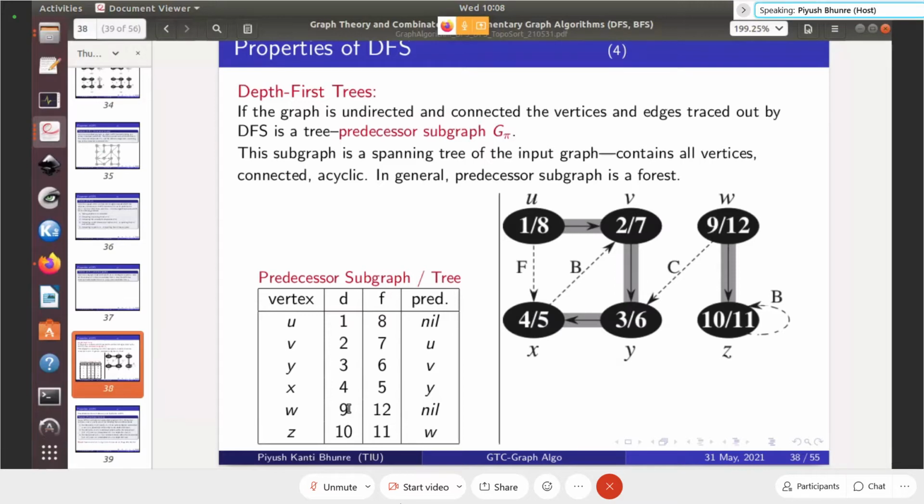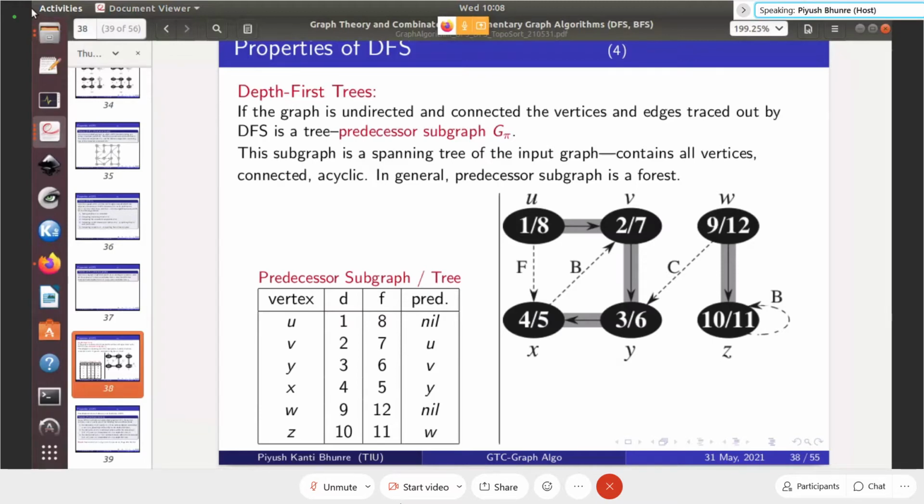Once you run the DFS algorithm for all the components, you can construct the predecessor forest as well. This is similar to what you did in your second assignment using the BFS tree. Here it is the DFS tree.